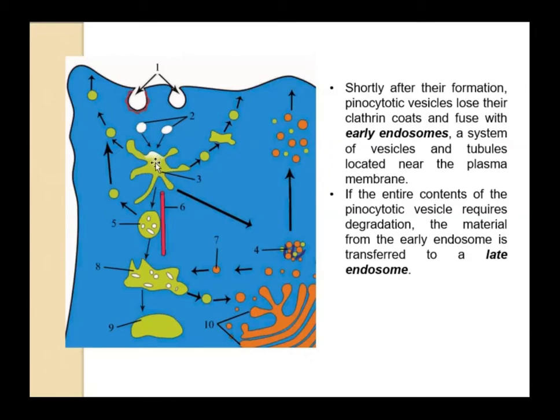The early endosome has a central vacuolar region and peripheral tubular regions. When these vesicles which carry cargo, the result of pinocytosis, fuse with these early endosomes, under the influence of the acid environment, the ligands will dissociate from the receptors. The receptors will return via recycling endosomes to the cell membrane for reuse, and the ligands will remain inside of the endosome.